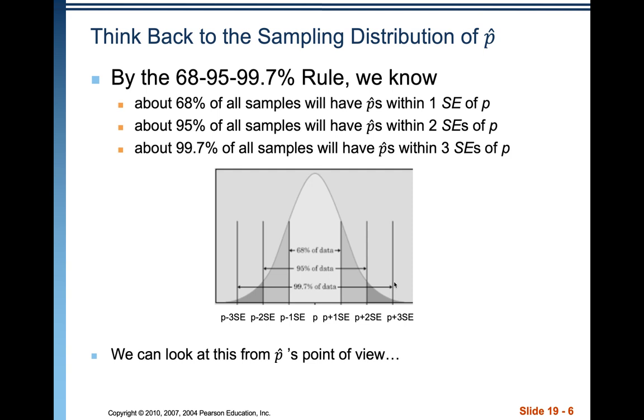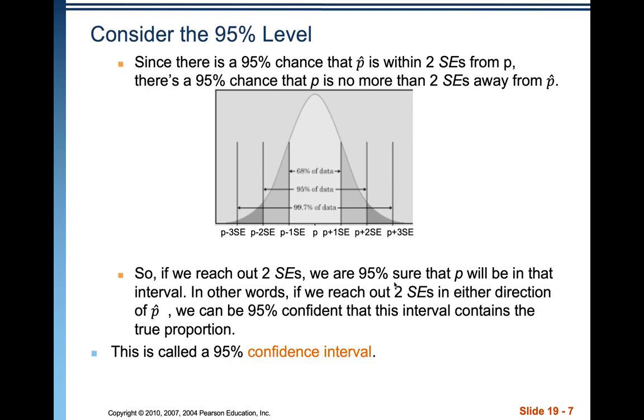All right, this we know. What we're going to do is shift our view and look at it from the sample proportion's point of view. Since there is a 95% chance that our sample proportion is within two standard errors from p, there's a 95% chance that p is no more than two standard errors away from the sample proportion.